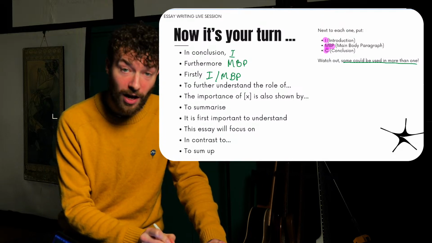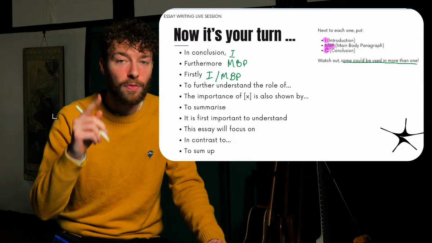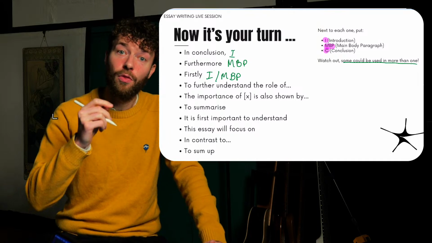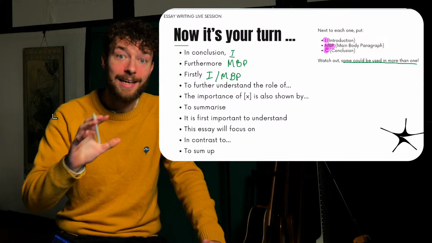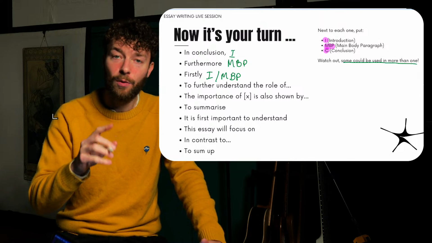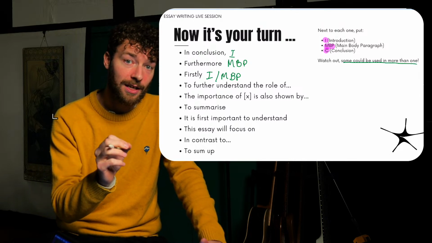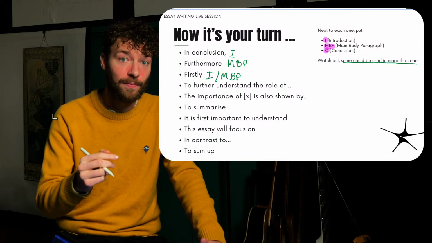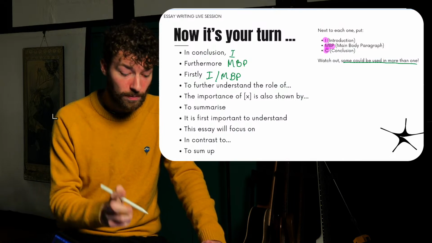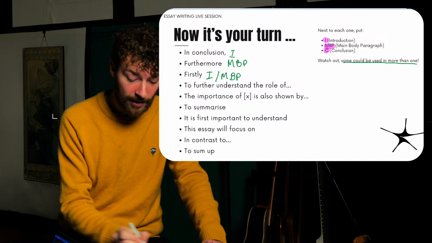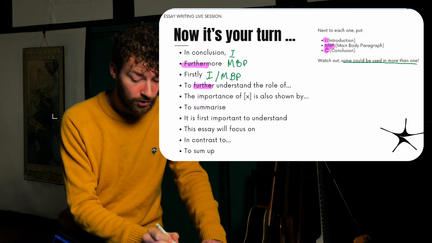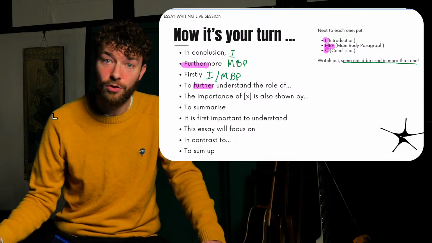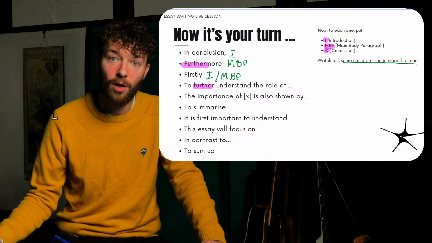To further understand the role. One thing I want you to do as we go through these classes, you're going to start to notice patterns, links between things, and I want you to start noticing those patterns and applying them as we go. One pattern you might see here already is that we've got furthermore and to further understand the role of.